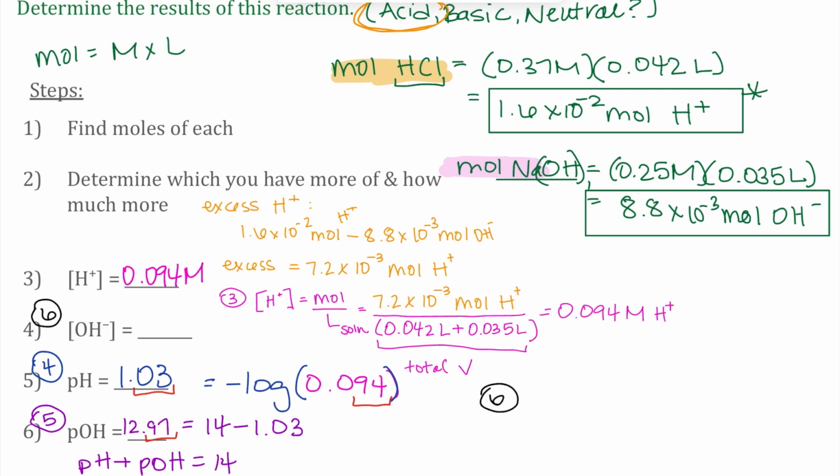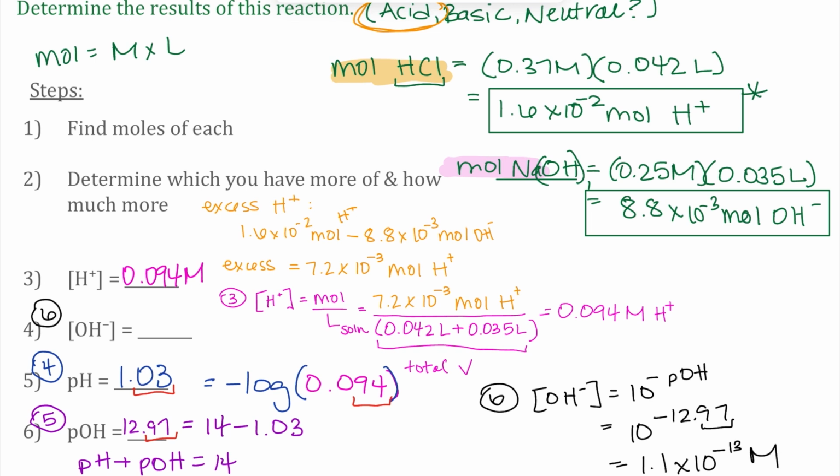So finding that OH concentration, well, that's 10 to the negative pOH. And so we will have 10 to the negative 12.97. 2 sig figs there. And so plugging that back in, we get 1.1 back to regular sig figs, because this is a concentration, times 10 to the negative 3 molar. And that's the last piece of our information that we needed.